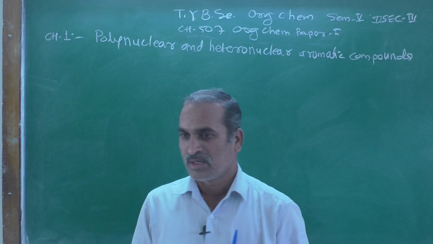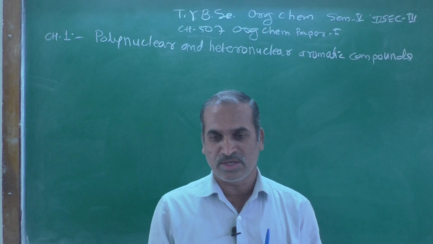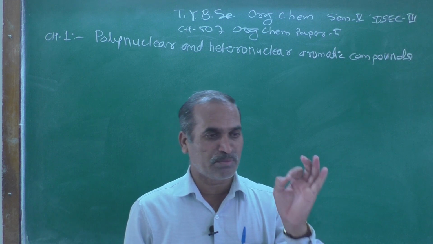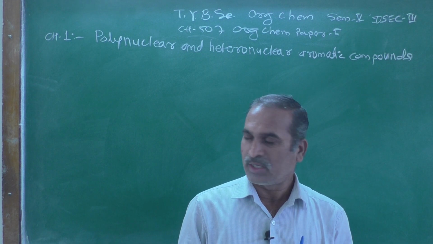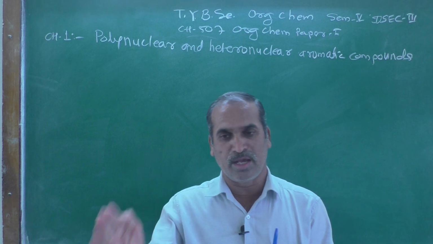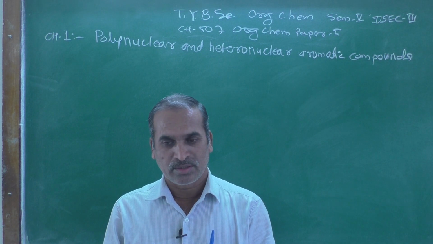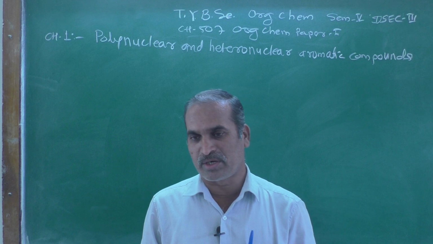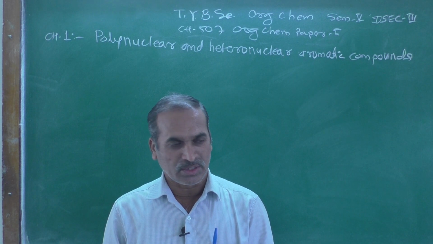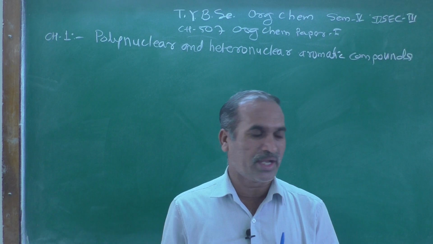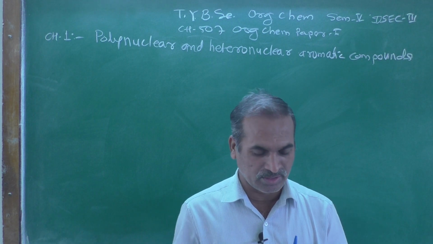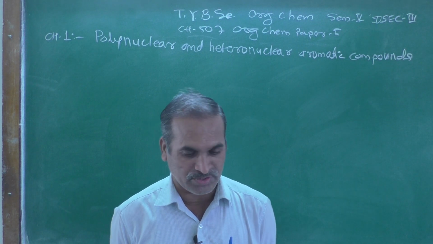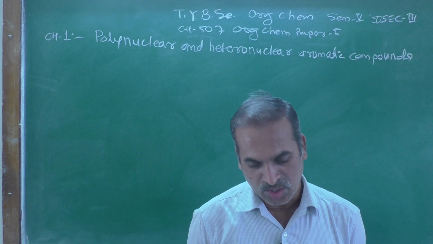There are 118 elements known. Out of that, only carbon possesses the unique property of catenation, and the other elements do not possess such a property, and therefore limited compounds are available of the other elements, but carbon has a speciality over the others.